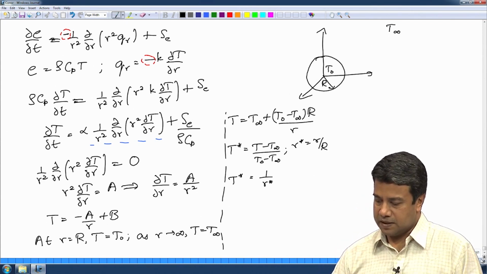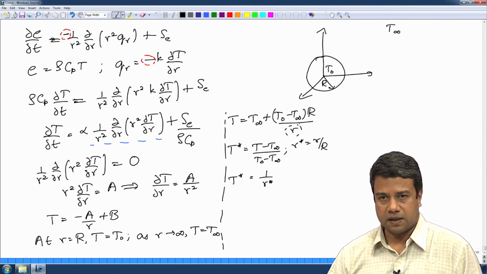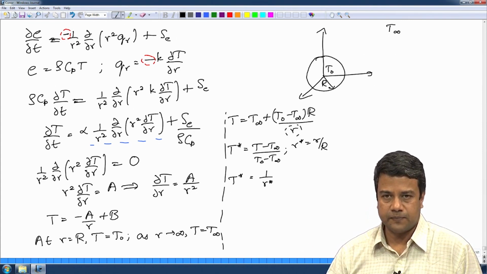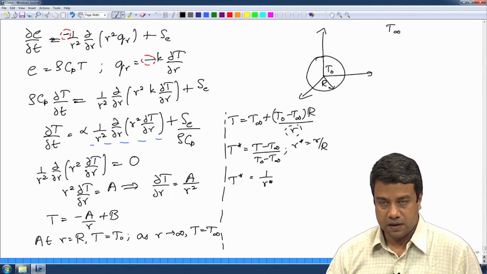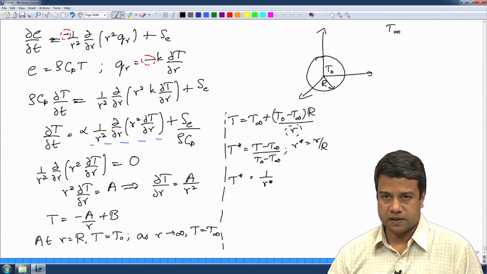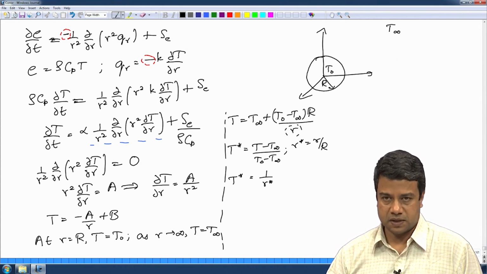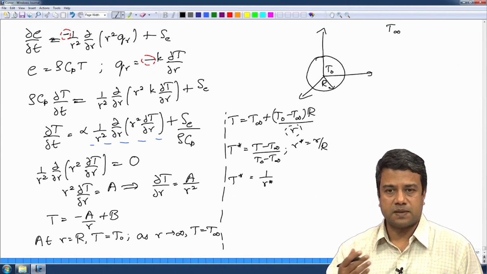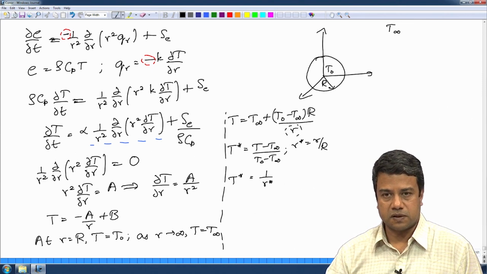The temperature minus the temperature at infinity decreases as 1 over r as r becomes large. The flux goes as 1 over r square, because the temperature goes as 1 over r, and the surface area increases proportional to r square. Therefore, the flux times the surface area is a constant, as it should be if there are no sources or sinks.